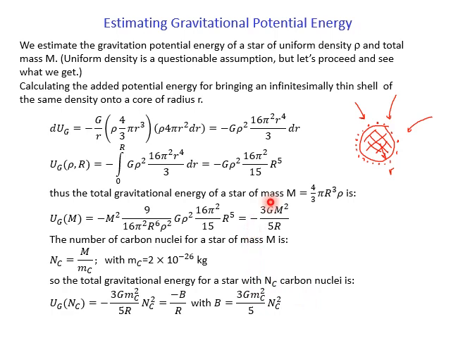Same expression that we had up here. That's our gravitational potential energy, right? Where that constant B is in there. And that can be computed once we know the mass of the star.